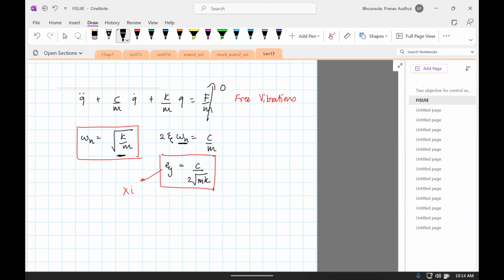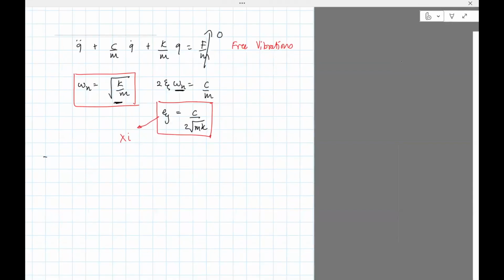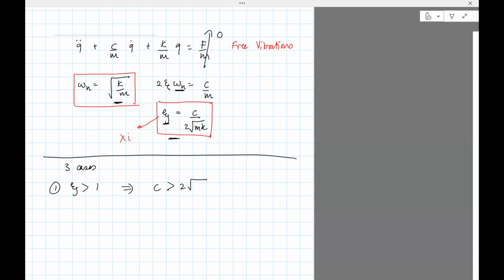Now, if you remember from that class, there are three cases you need to look at. One is when psi is greater than 1. You can see from this equation that in this case c would be greater than 2 square root m times k. This system is called overdamped.